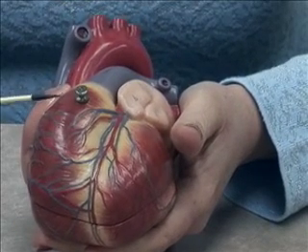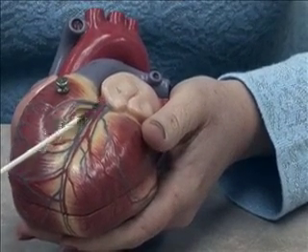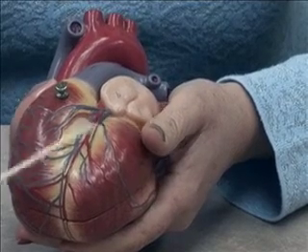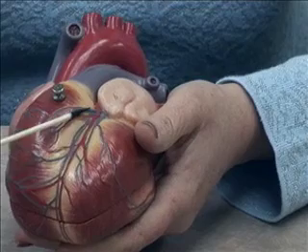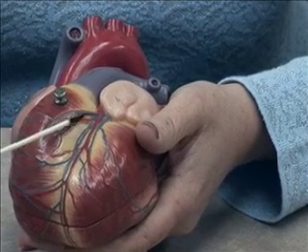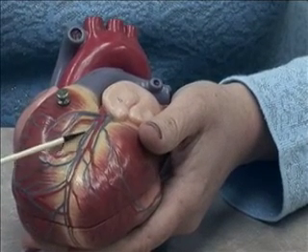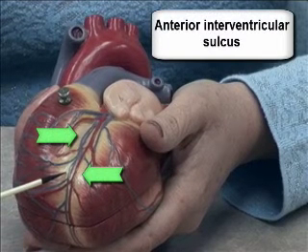On the outside of the heart, you can see a depression separating the right and left ventricles with all these vessels. The depression, not the vessels, is called the anterior interventricular sulcus.